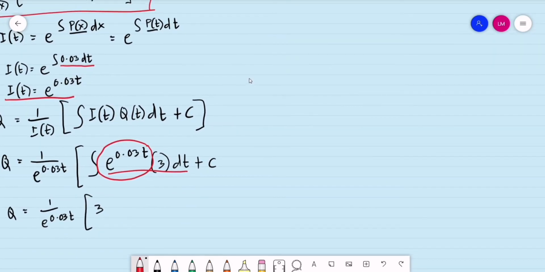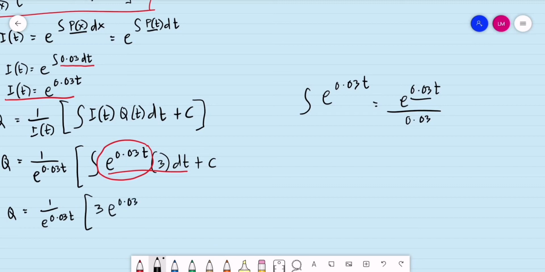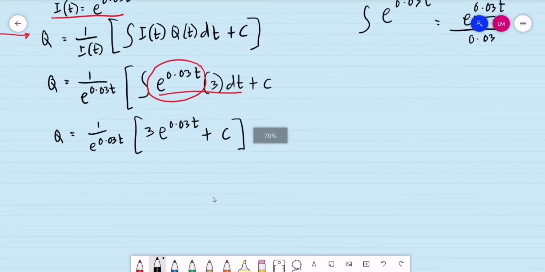If you recall our integrals, the integral of e raised to 0.03 t is simply e raised to 0.03 t divided by the constant 0.03. So that will be 3 times its integral, e raised to 0.03 t divided by 0.03, plus the arbitrary constant c. Alright, then we now simplify our equation.